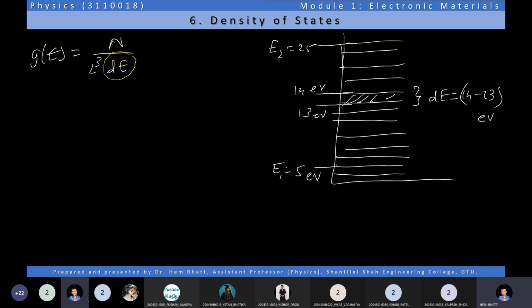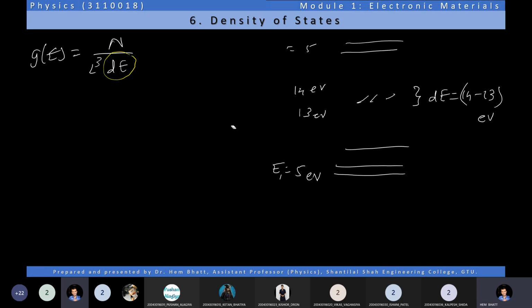Write down this equation of G of E also. Now, how do I find out expression of G of E in terms of K or mass or energy? So for that, you will have to accept one or two equations.